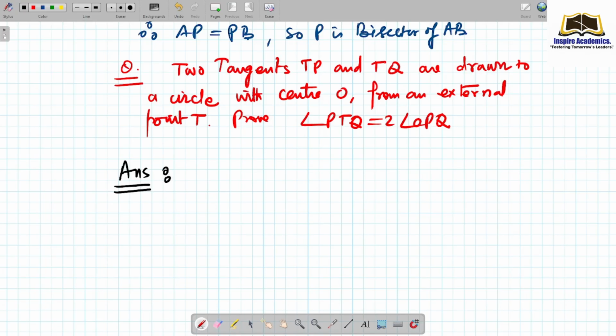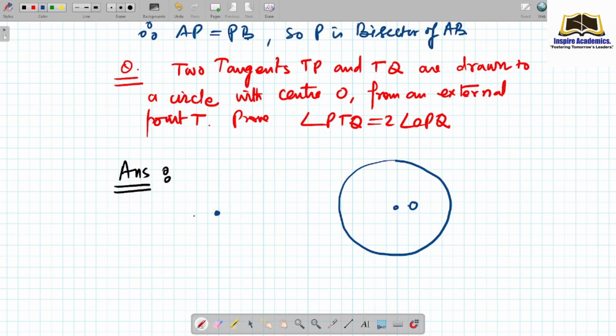So let us try to understand how to draw and understand the question. Obviously first you need to have your circle with the center O, and then there is an external point.